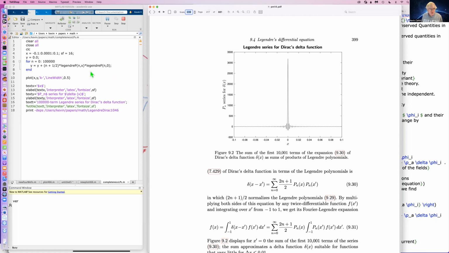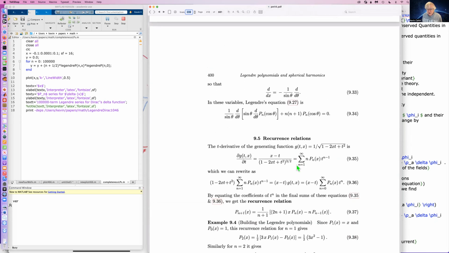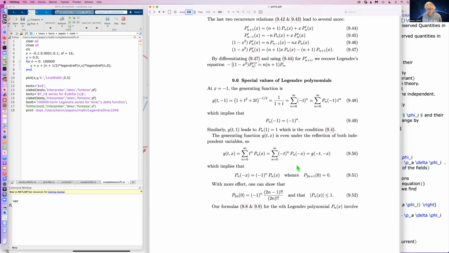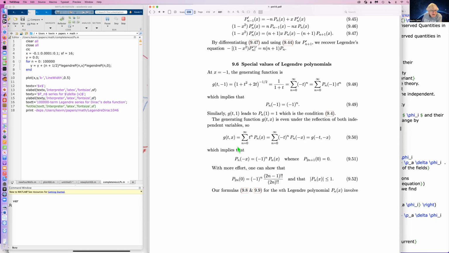If I had known that it was going to be so slow, I would have used a simple formula for Pn of 0. It turns out that those are special values. The odd Pn, if n is odd, Pn of 0 vanishes, and if n is even, it's just a ratio of double factorials. So it's actually simpler than that.